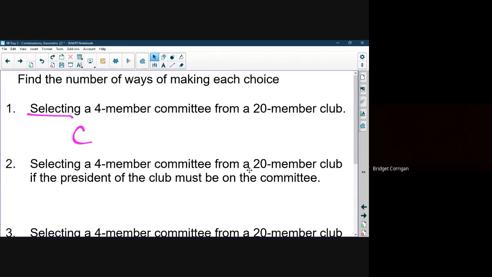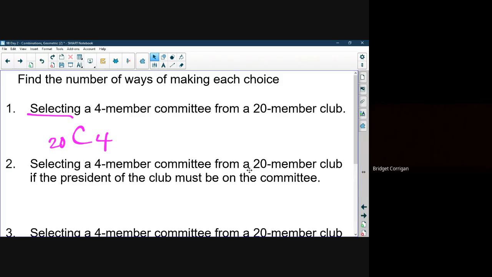We're going to use the NCR. Your N is always the total number of people you can choose from. It's always the bigger of the 2 numbers. So you have 20 total members you can pick from, so that's your N, and you want to select 4 of them, so that's your R. Your N is always your total set, and your R is how many you're choosing from your total set. Go ahead and put that in your calculator and see what you get.